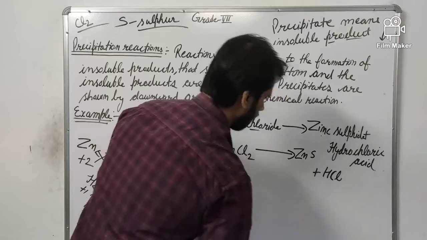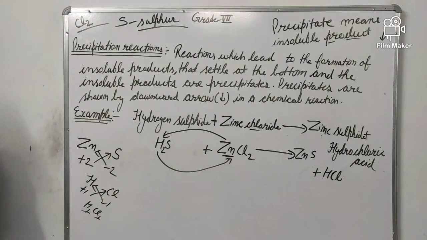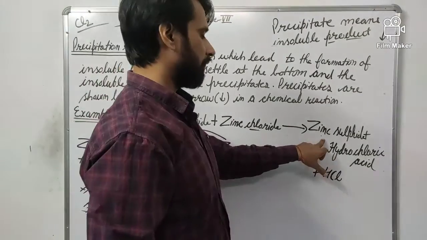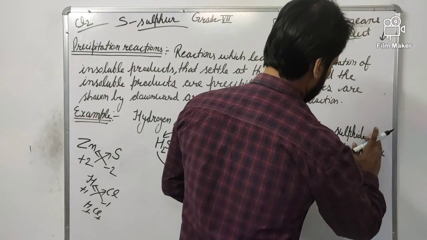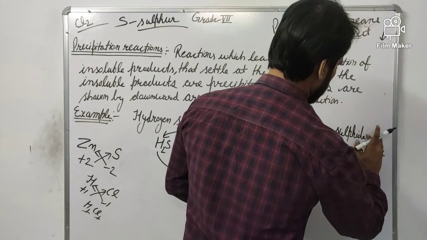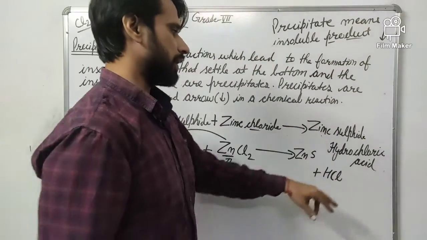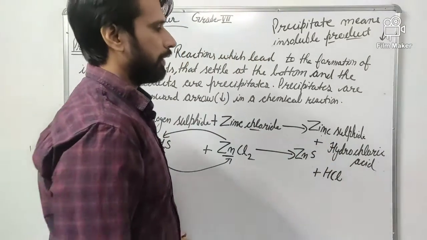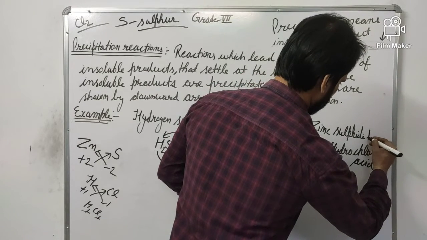So this is one more example of which type of reactions? Precipitation reactions. The important thing here is, we have two products, one is zinc sulfide, second is hydrochloric acid. So which is the insoluble product? I mean to say, which forms PPTs, which forms precipitates. Hydrochloric acid is in solution form and zinc sulfide will form the PPTs. Okay, so here I put the downward arrow.